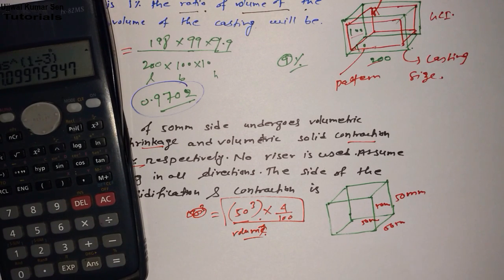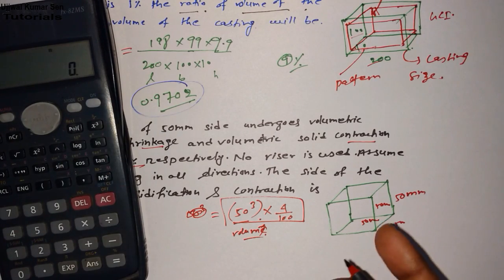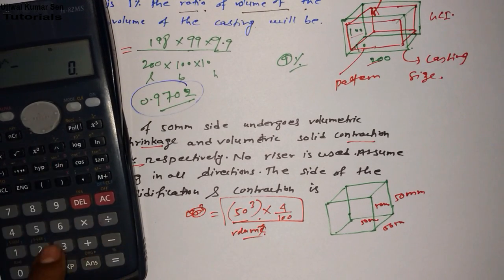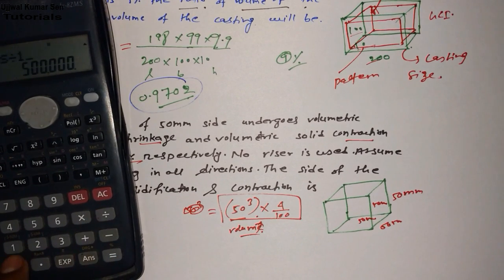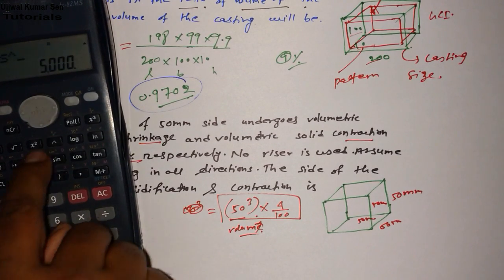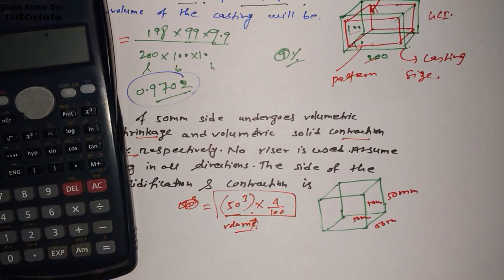There's something wrong going on, I think. 50 cubed into 4 divided by 100, to the power 1 by 3. So it's 17.04. What do you think? Is there anything wrong?